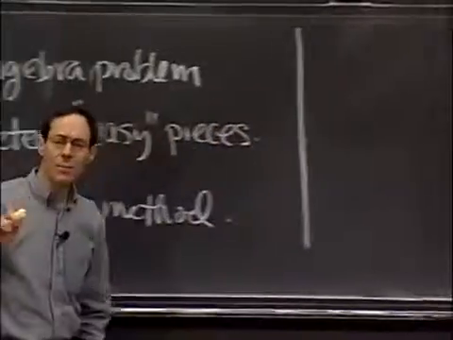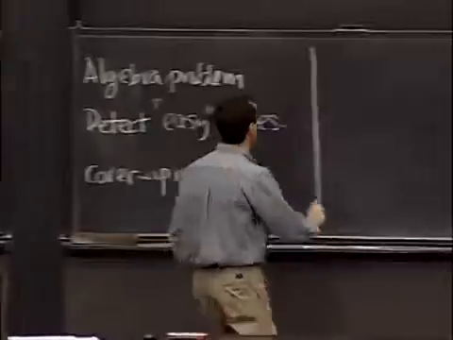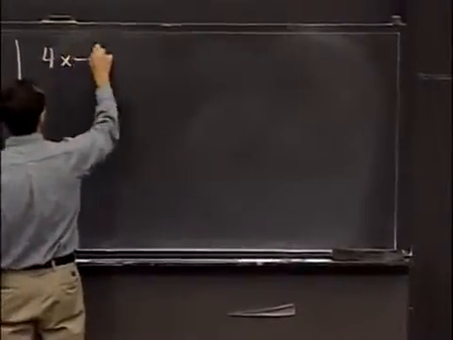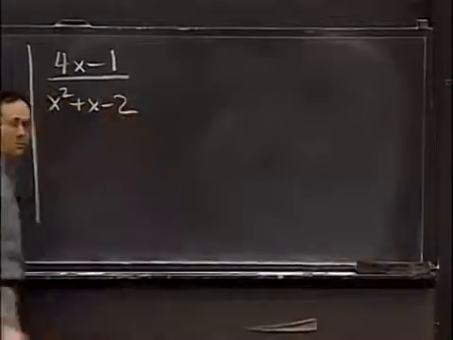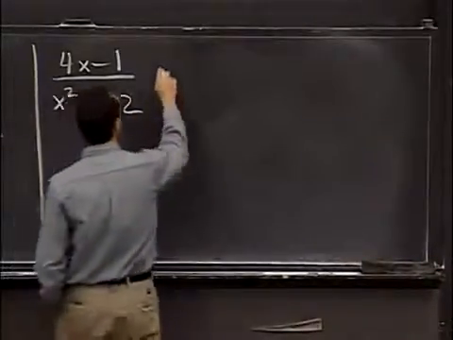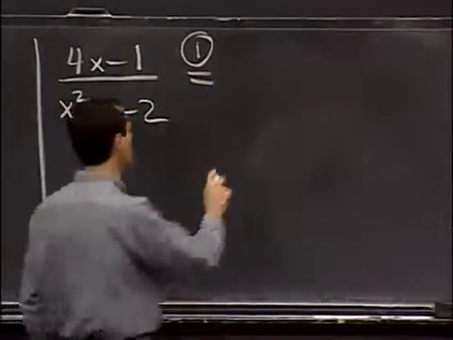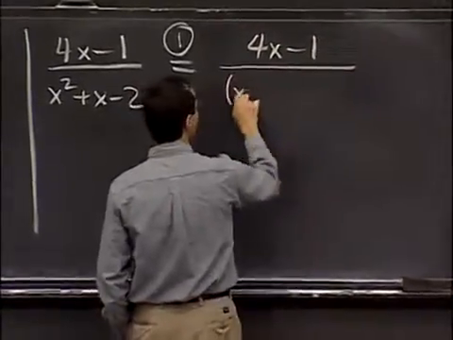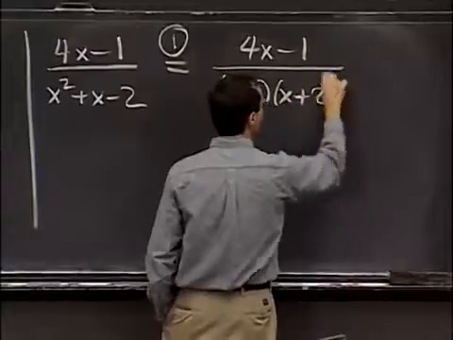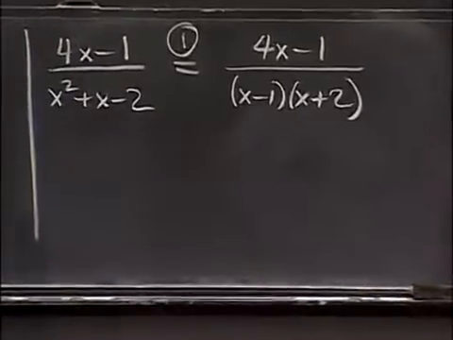Now here I'm going to describe to you how we unwind this disguise. The first step is we write down the function we want to integrate, which was this. And now we have to undo the first damage that we did. So the first step is to factor the denominator. We happen to know the factors, so I'm not going to carry this out, but this can be a rather difficult step, but we're going to assume that it's done for the purposes of illustration here.